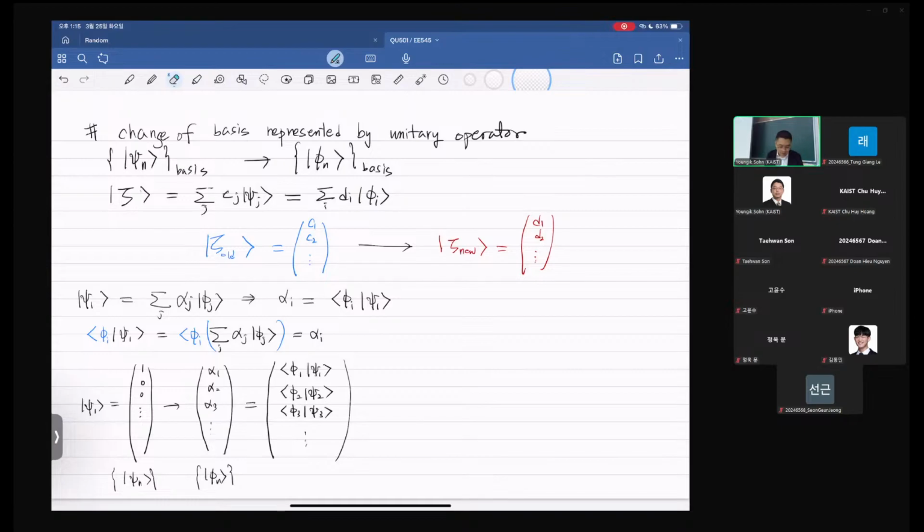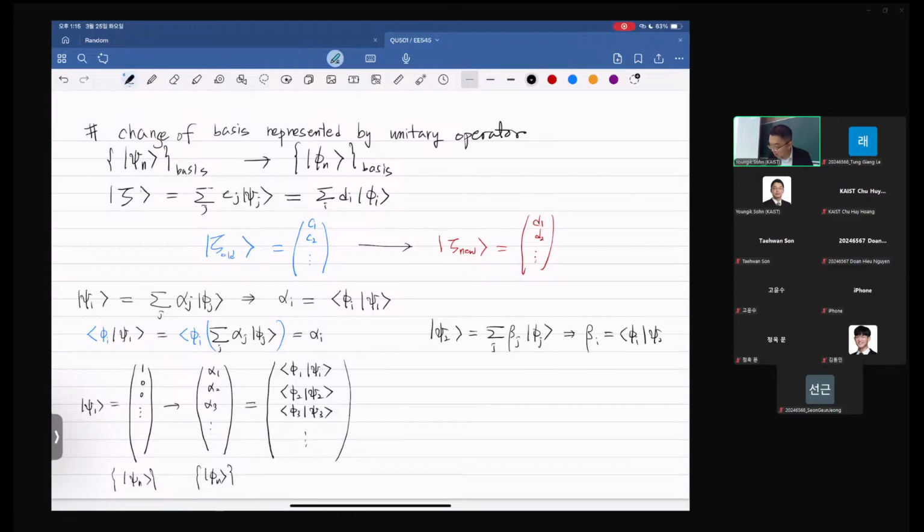Next one. It's a kind of stupid repetition, but let's do it again just to make sure we know what we're doing. Psi 2 is going to be the sum of beta j phi j, another coefficient. And likewise, to calculate beta you can just do this.